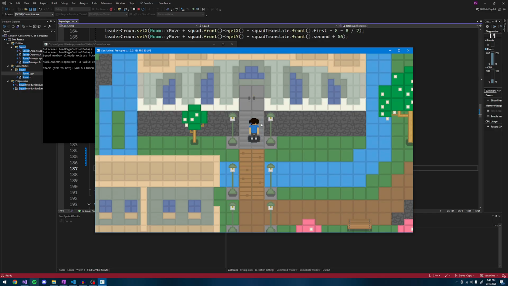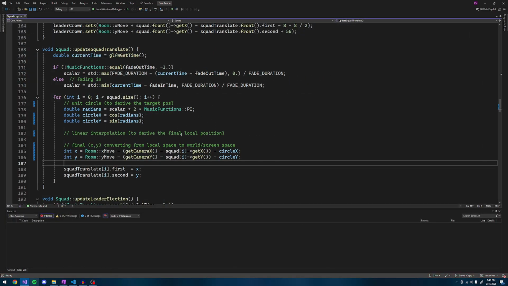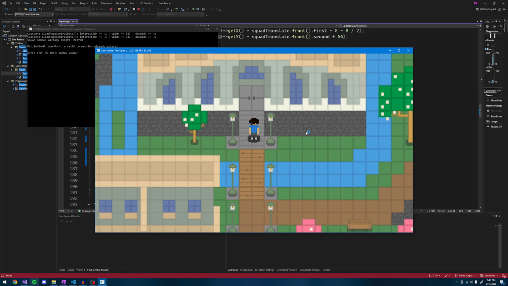Okay, you might not be able to see it, but remember the reason why. It's only going a pixel apart. So we actually need to still multiply these values by the UI spacing. When we run the code, you'll now see that the circle goes all the way around the player as such. See that?